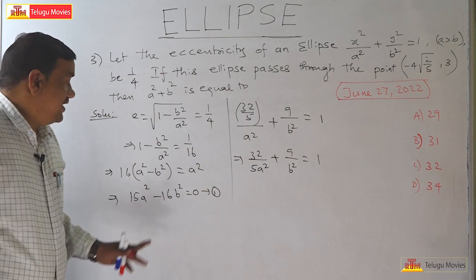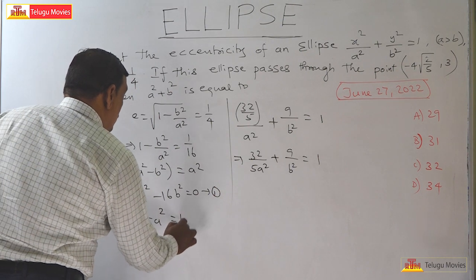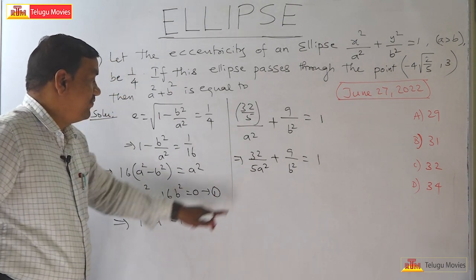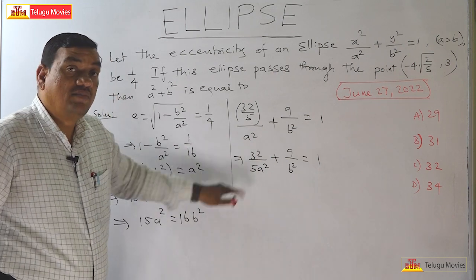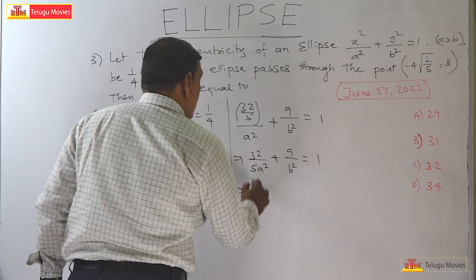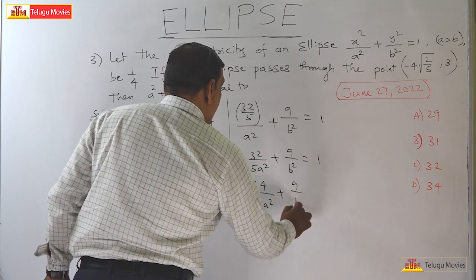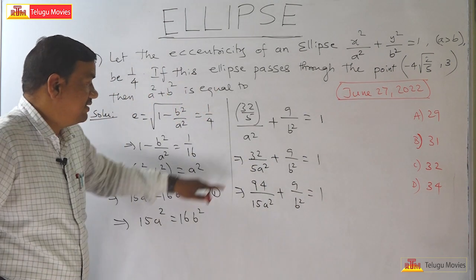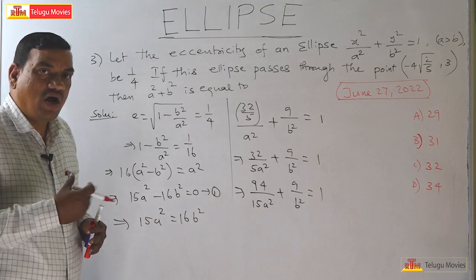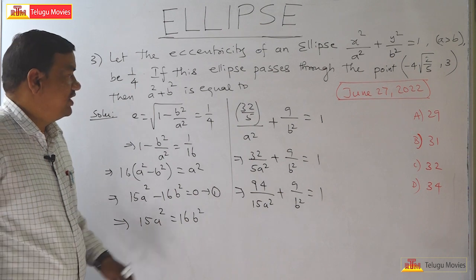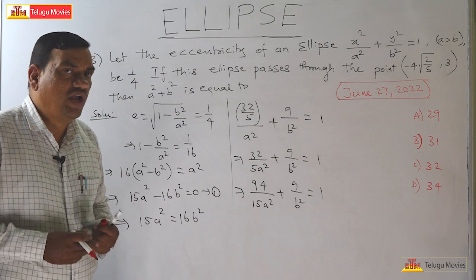We will do one thing here. Let us take 15a square is equal to 16b square. Here 5a square is there, so multiply the numerator and denominator with 3. This gives 96 by 15a square plus 9 by b square is equal to 1. Solving two equations, you can do it any way you like.